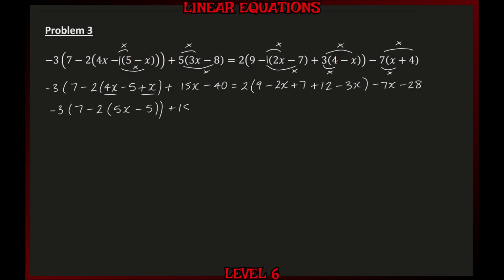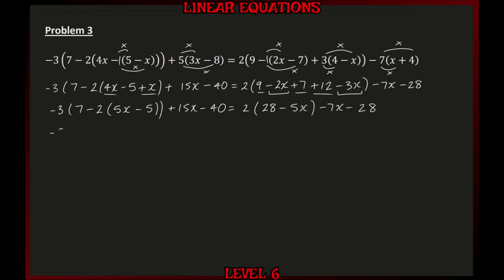We have a plus 15x minus 40, and that's equal to 2 multiplied by, and inside this next bracket we can collect together the 9 and the plus 7 and the plus 12, and that gives us 28. And we have a minus 2x and a minus 3x, which give us minus 5x, and we still have a minus 7x minus 28 at the end.